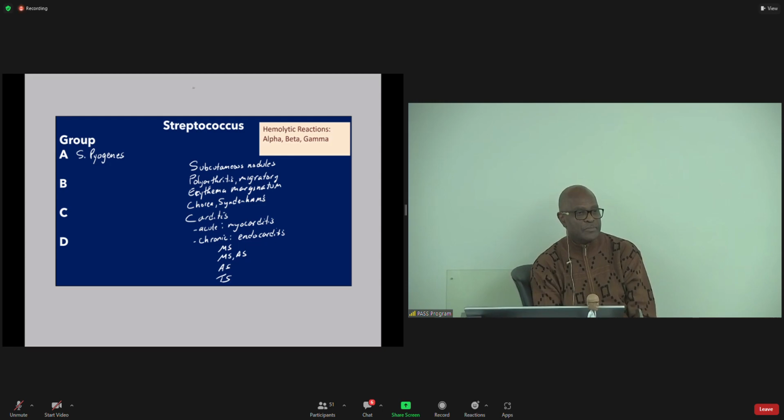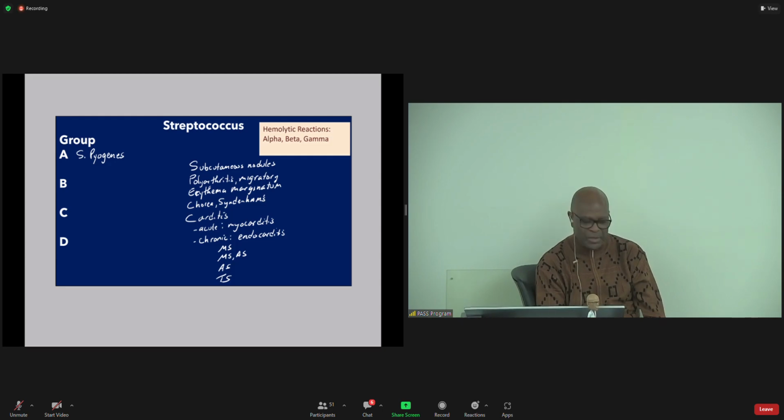The child gets the heart issues for acute. They get the myocarditis because that's what happens acutely. Long term, they get endocarditis, which is the stenotic valves. Okay, so strep pyogenes. Another strain.